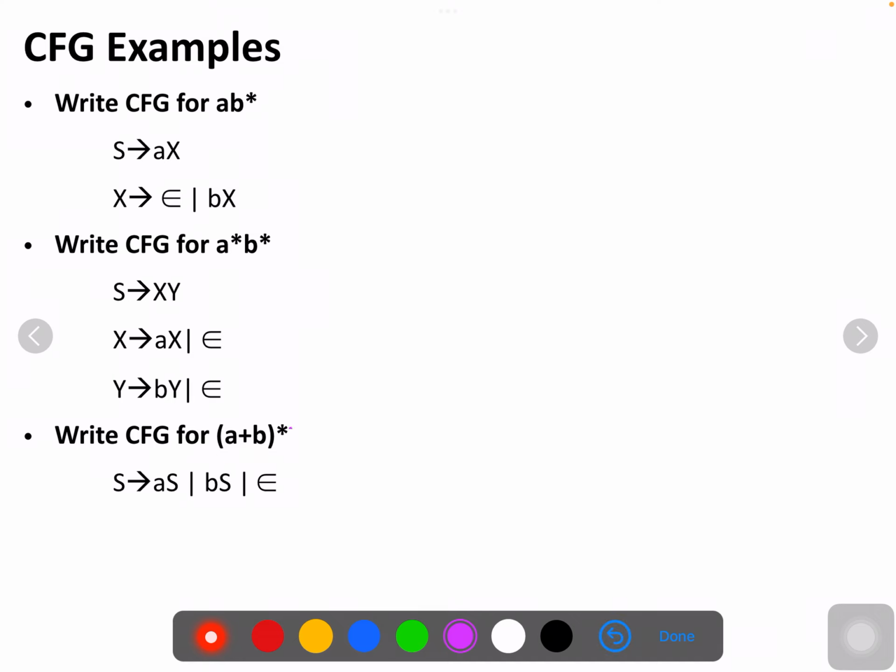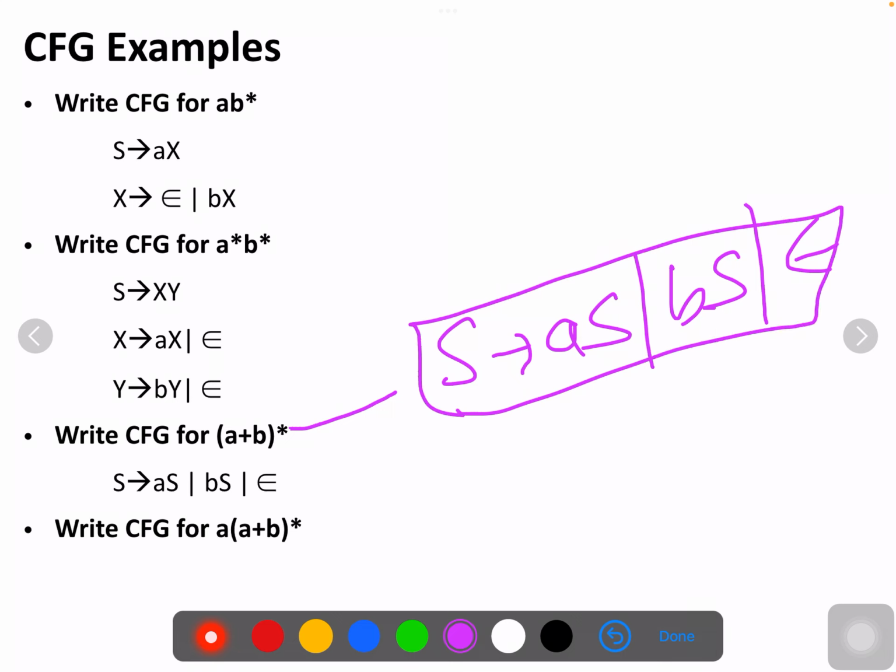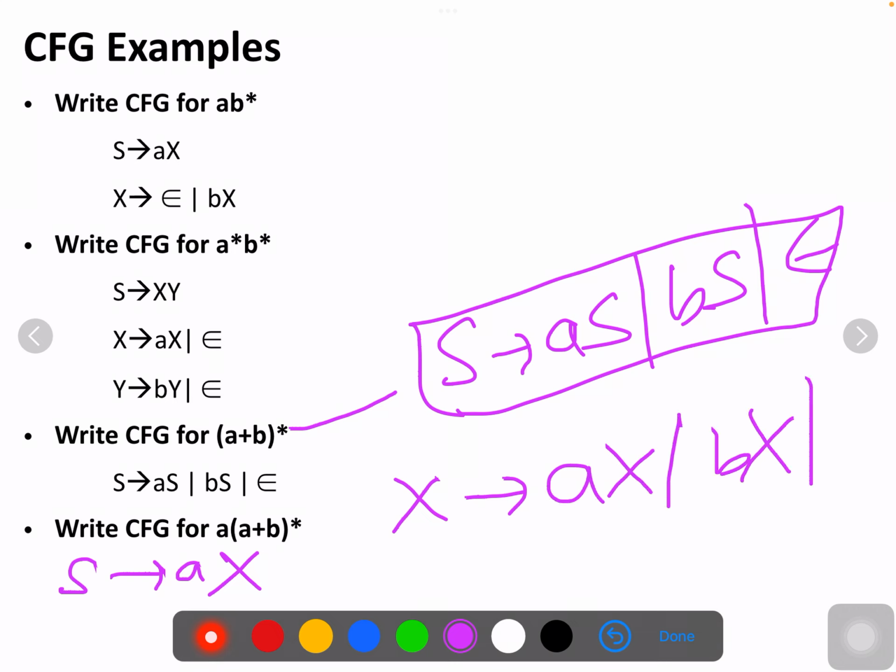It can be any number of a's or any number of b's or epsilon. You know this value already. Then it is what? You can take S gives aX. X could be any number of a's, any number of b's, or zero times. So which is very simple.